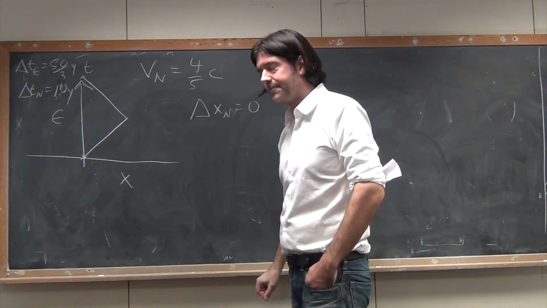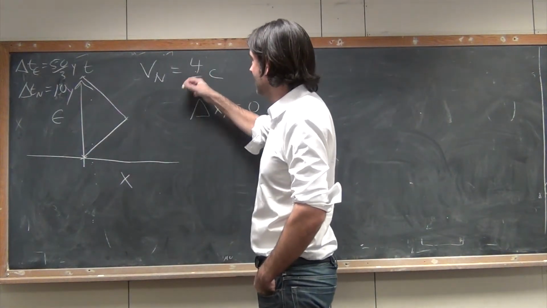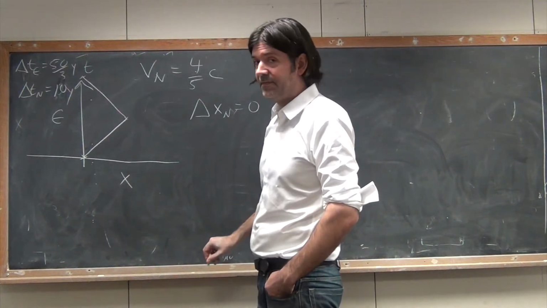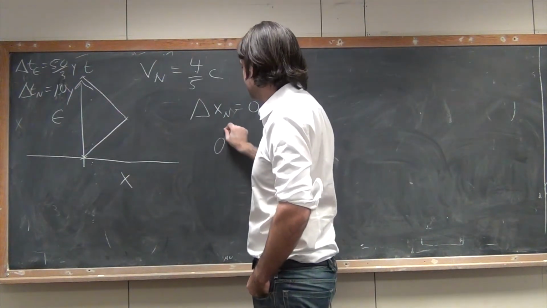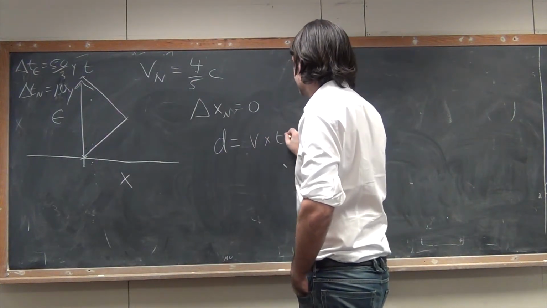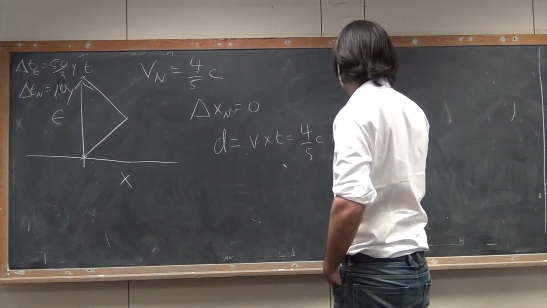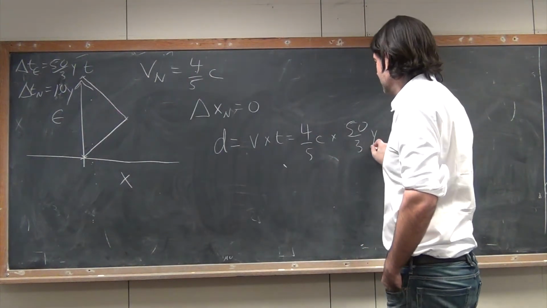What about for Einstein? Well, Einstein sees him traveling at 4/5 the speed of light for 50 divided by 3 years. So the distance that Einstein sees is just velocity times time. Velocity is 4/5 the speed of light times 50 divided by 3 years.